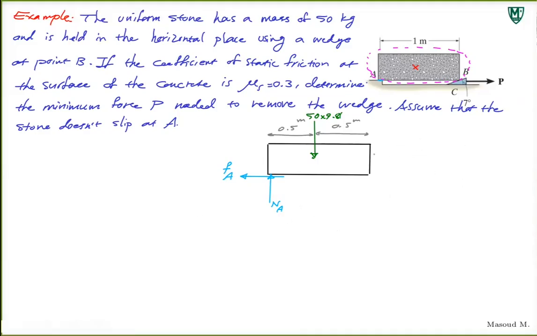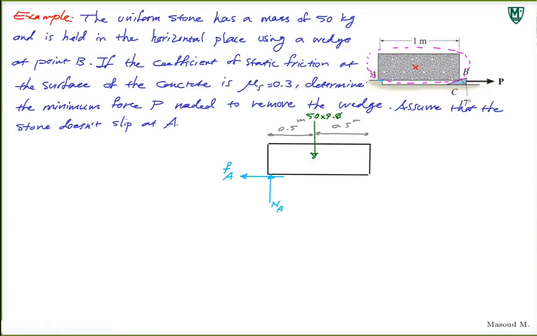Now, going to the right, the contact between the stone and the wedge. There is friction there, obviously. Remember, this is tricky. There is a normal force between the stone and the wedge.